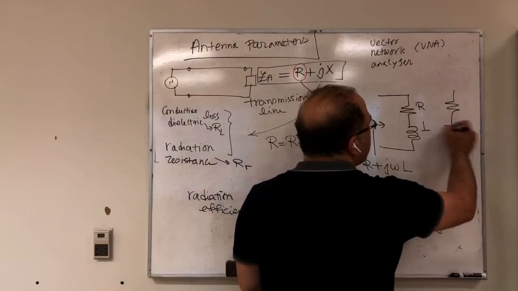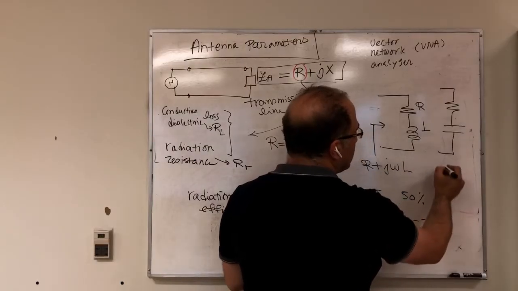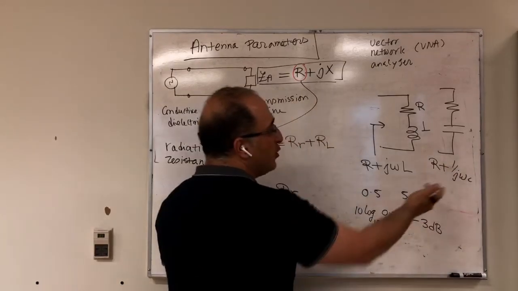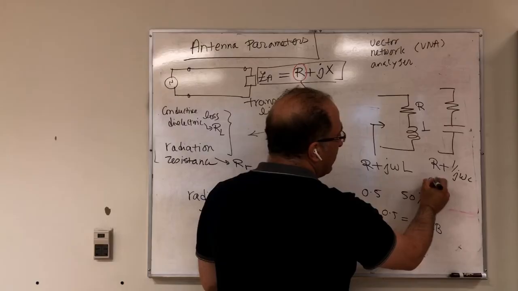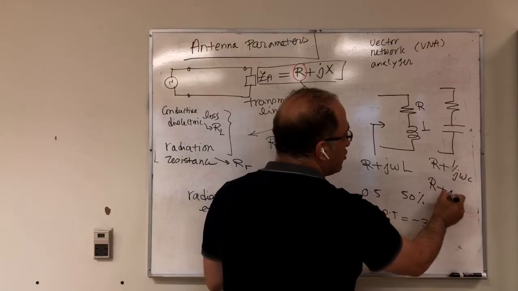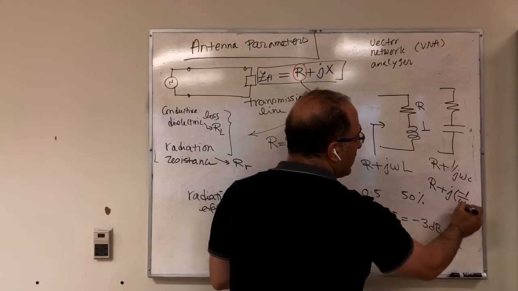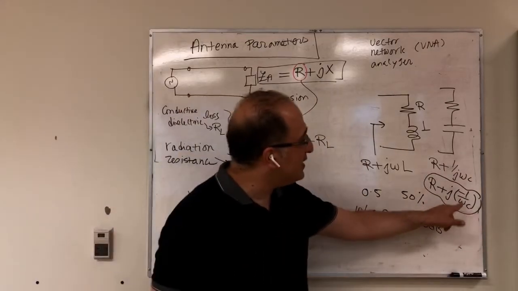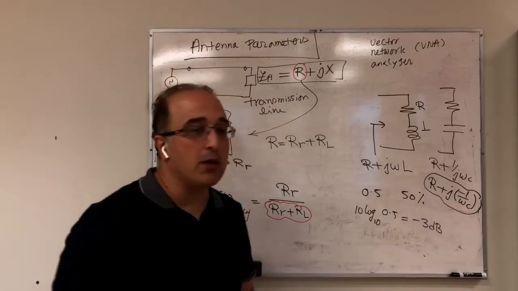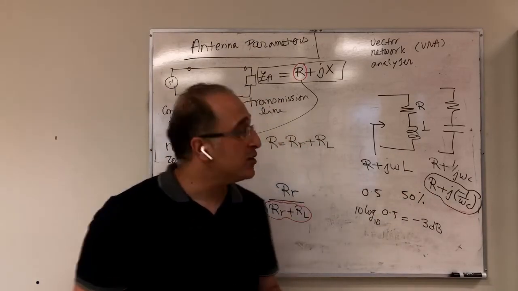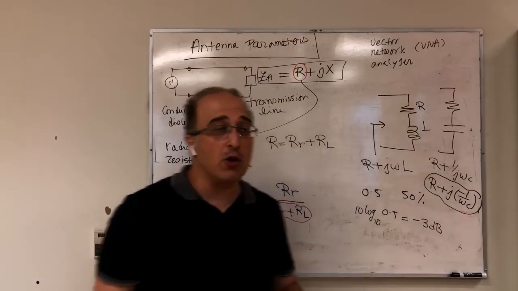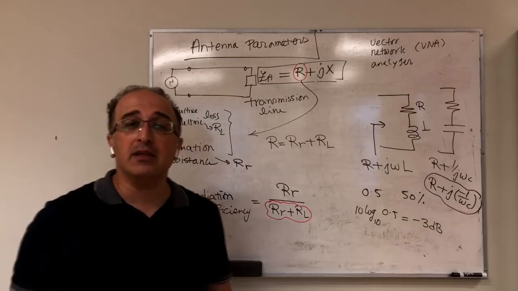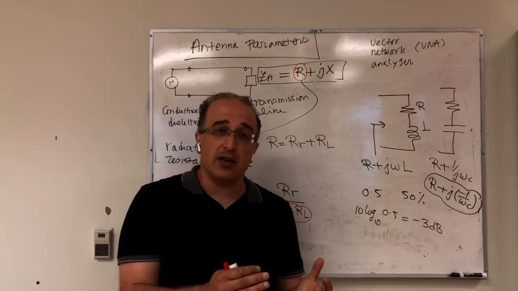If this is like that, then this becomes R plus 1 divided by J omega C. You can bring J to the numerator, and this becomes R plus J times minus 1 over omega C. So again, you have a J part, but this time it is negative times J. This is positive times J. Both of them are stored energy. This is capacitive, this is inductive. So if you have a JX for the antenna, that essentially means you are storing energy around the antenna.